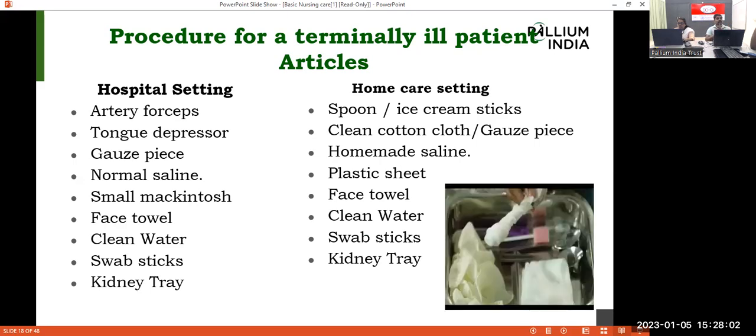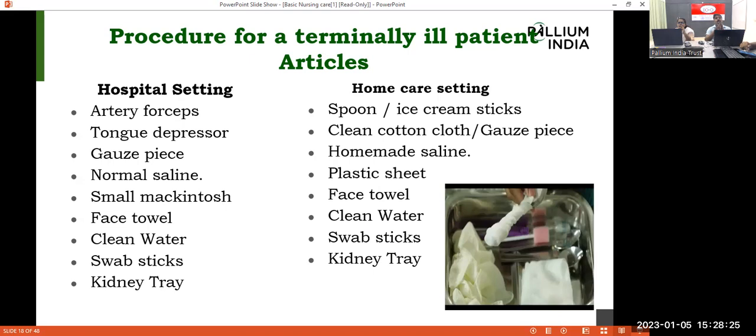Actually, the swab stick is a lollipop-like thing with a sponge-like appearance. We can buy it commercially from the medical store, or otherwise purchase this type of lollipop-like swab stick online.